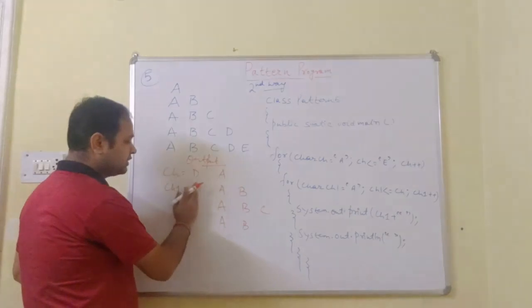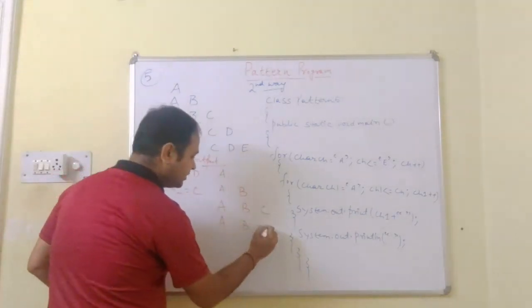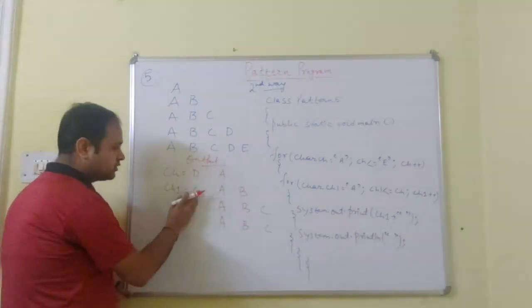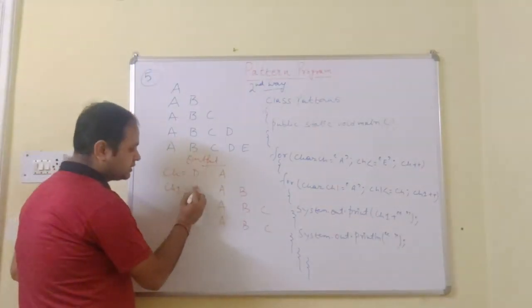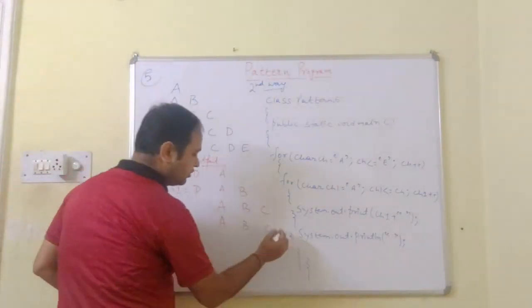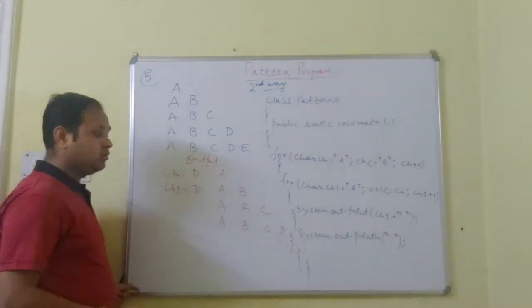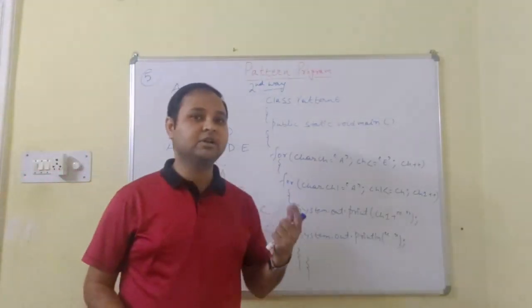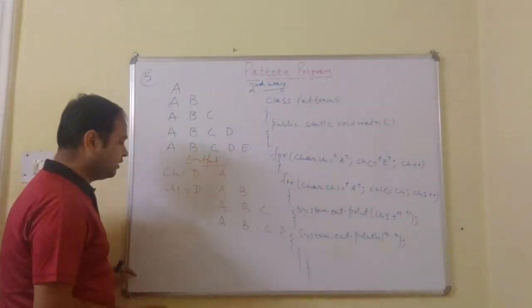And then the value of ch1 becomes C, it prints C. And at last the value becomes D, so it prints D because this condition is true. Now ch1 is updated to E, so this condition is false, so E is not printed at this time.